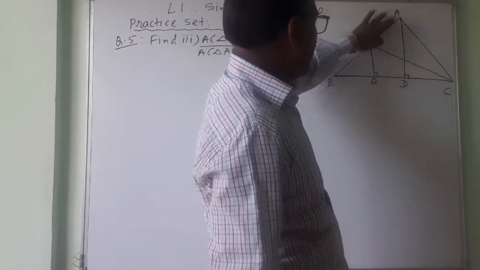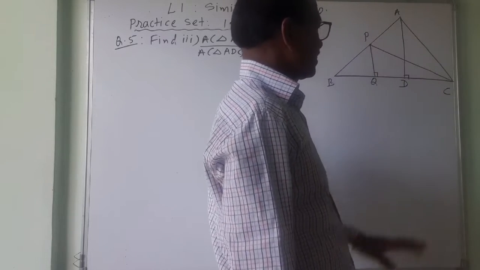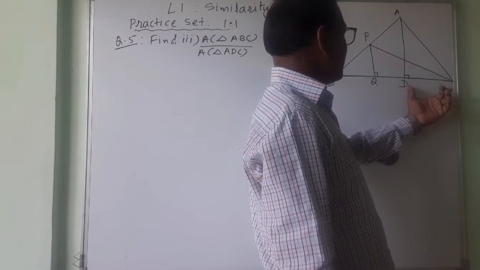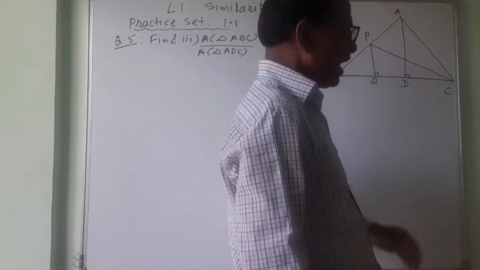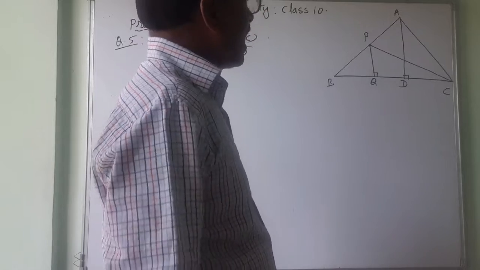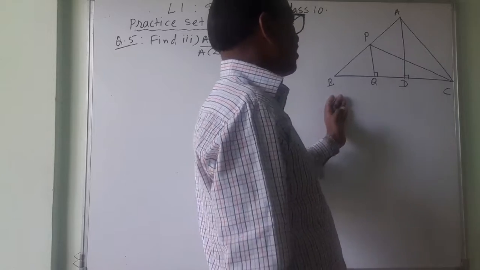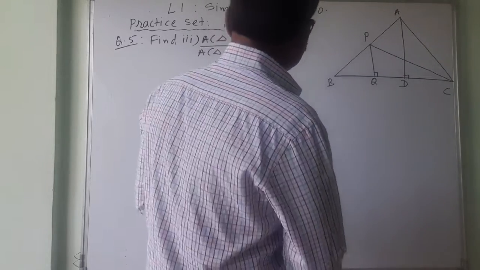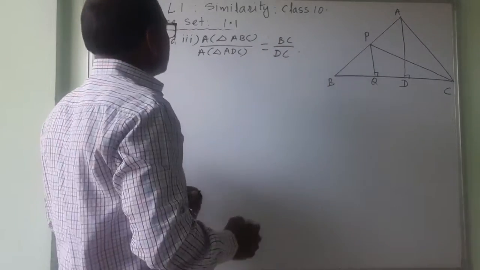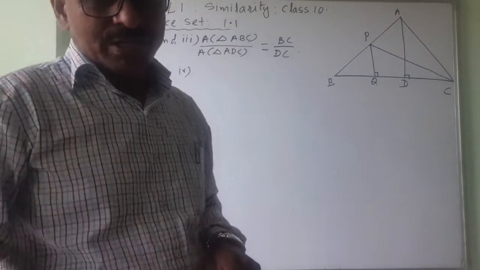In triangle ABC, BC is the base and AD is the height. In triangle ADC, DC is the base and AD is the height. The ratio of the areas of two triangles having equal height is equal to the ratio of their corresponding bases. So the answer for this is BC upon DC.